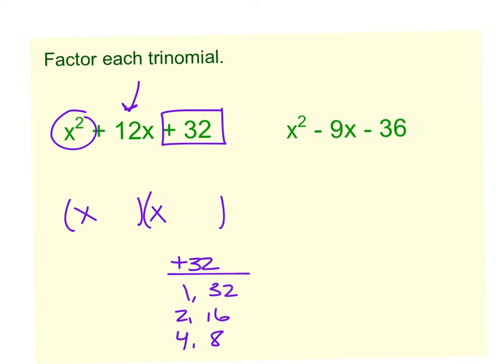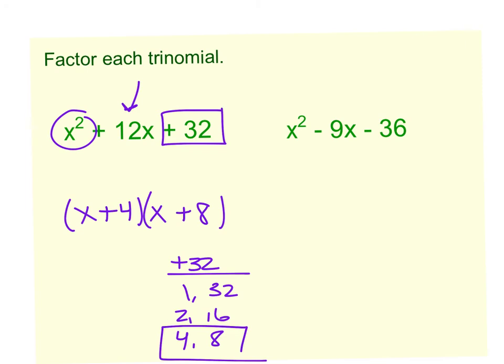So how do you know if you want positive factors or negative factors? That depends on what the b value is. Because the b value is also positive, these have to add up to a positive number, so we just want positive factors. So which ones are going to add up to 12? Hopefully you guys are already saying, oh, that's going to be a positive 4 and a positive 8.